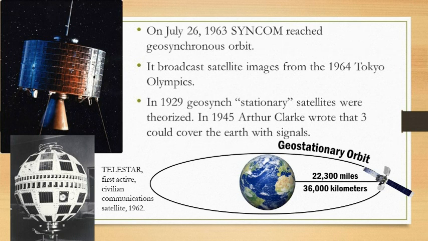And that, in fact, is what we have now. All of our satellite broadcasts, television, telephones, all these other communications come from these satellites, most of which are in geosynchronous orbit, about 22.3 thousand miles from the Earth. A simple idea, a theoretical idea back in the 20s, and now it's practical.